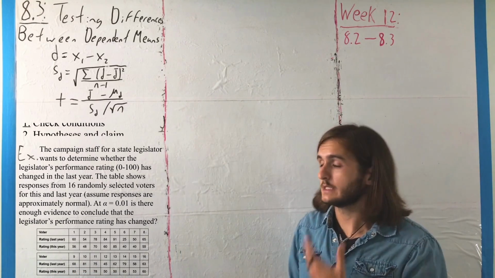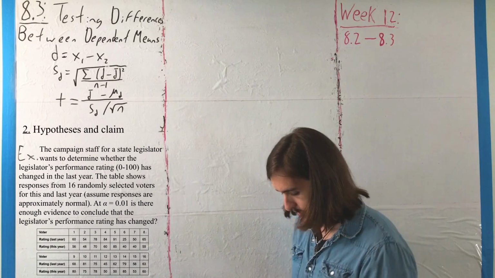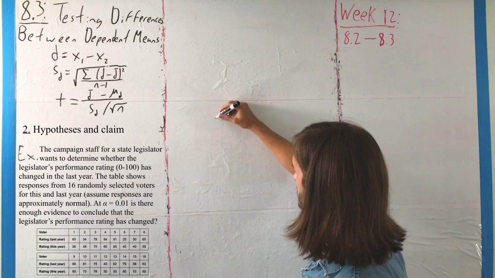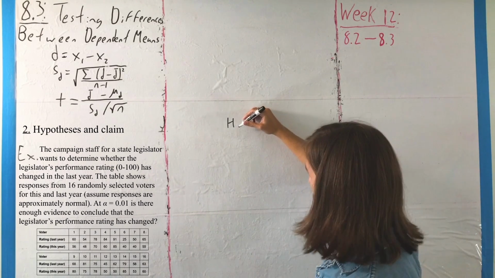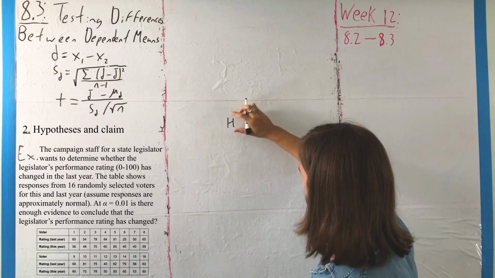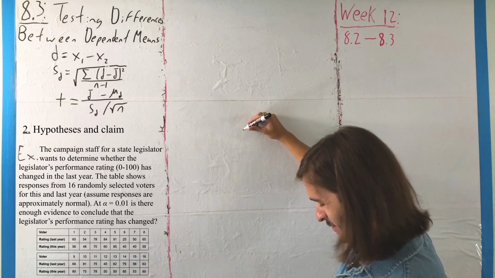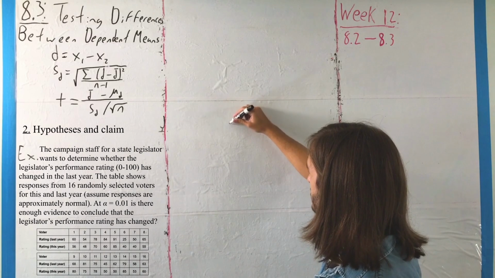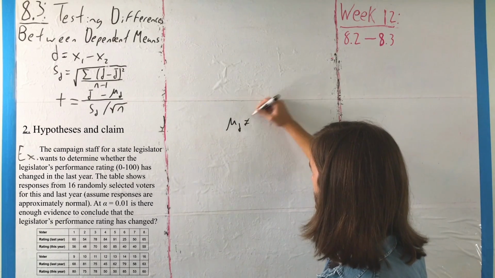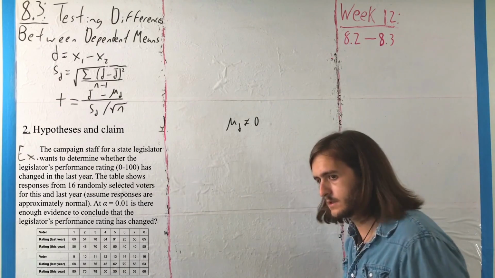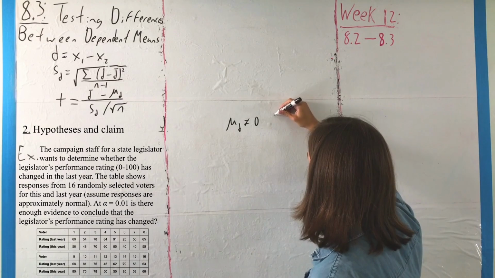Anyway, with those conditions in mind, next we want to set up our hypotheses, where in this case we are claiming, or at the very least the staffer is claiming, that there is a difference, that the mean difference is something other than 0.